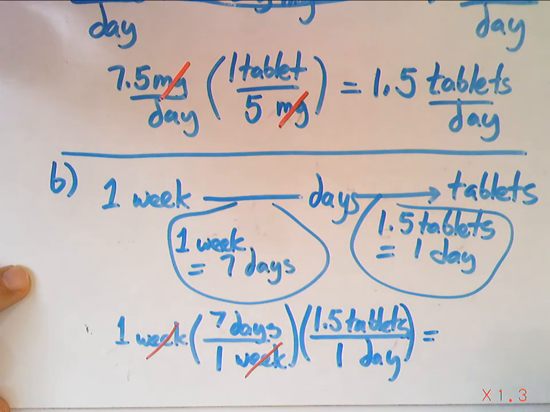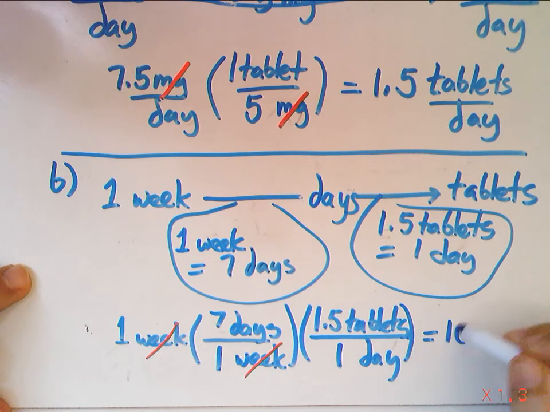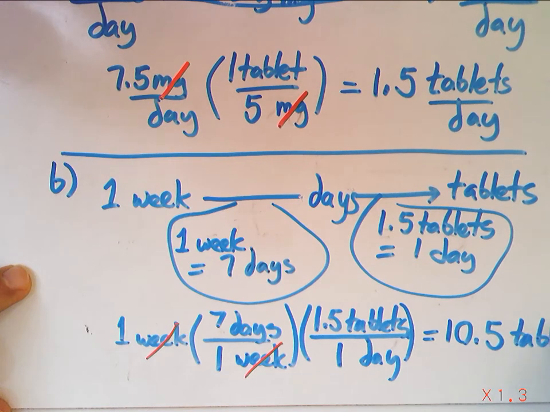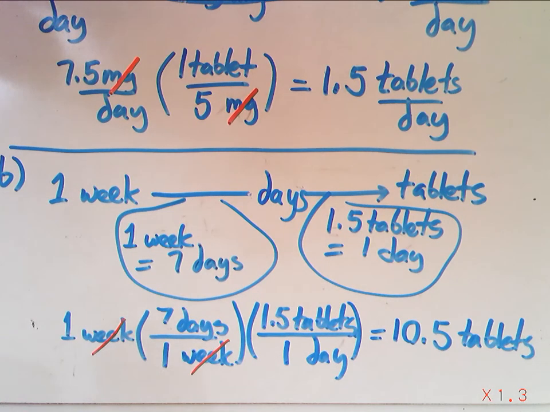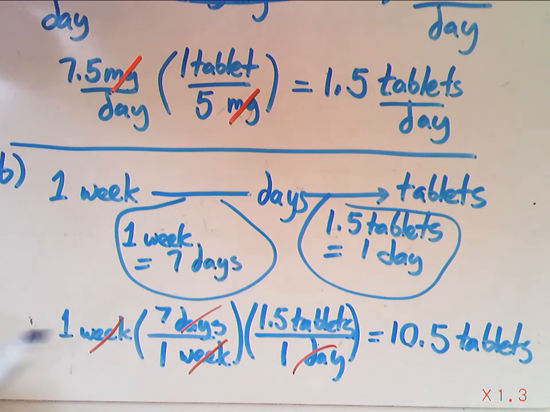So I can pick up my calculator and I can say 7 times 1.5, or do it in my head. It's easy enough. 10.5 tablets. Days canceled out. The only units that I'm left with are tablets. So I'm pretty confident that that's what I need.